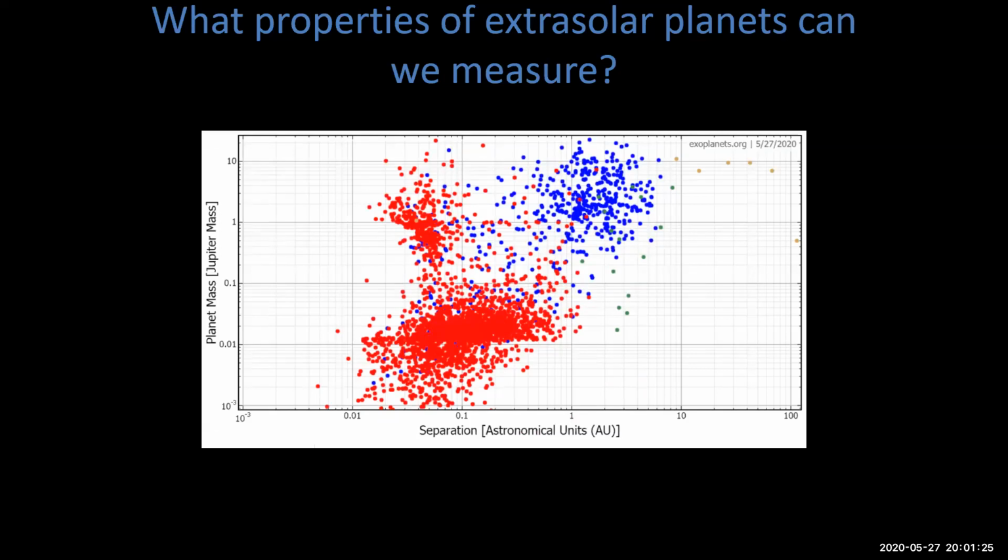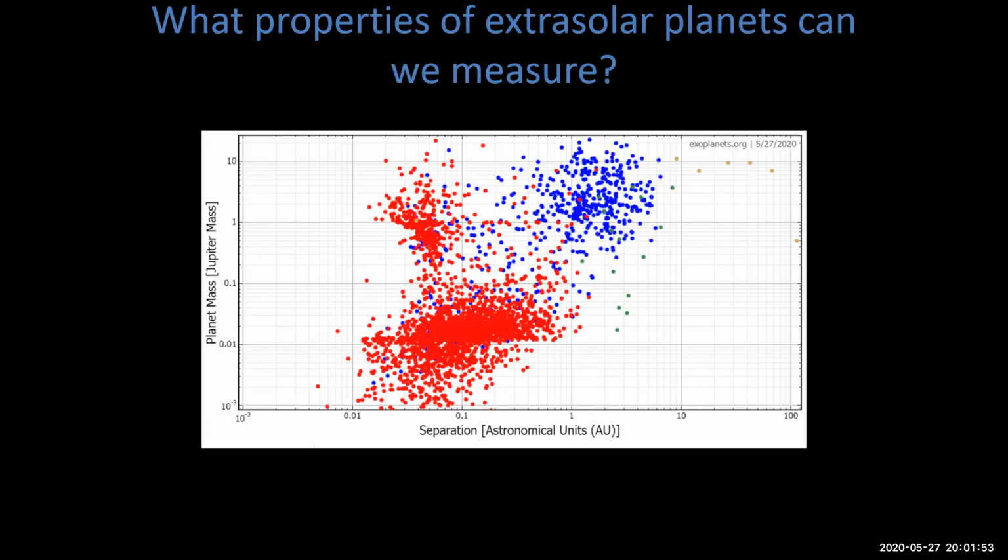Here we have another graph. This one is showing the mass of the planet in regards to how far the planet is from the star. And it's color-coded by the method the planet was found. So red is the transit method, blue is the radial velocity method.